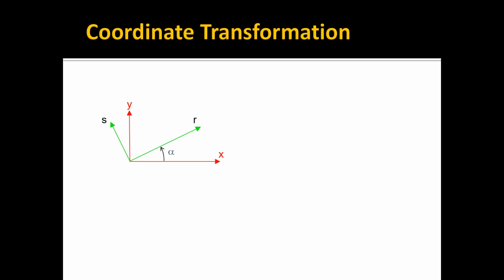So first of all, we have to define a relationship between the S and R axes and the X and Y axes. Remember, R is the direction in which the hydraulic conductivity is the greatest. That would be parallel to the bedding planes. And S would be the direction in which the hydraulic conductivity is the smallest, and that would be perpendicular to the bedding planes.